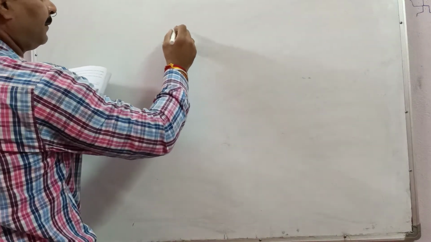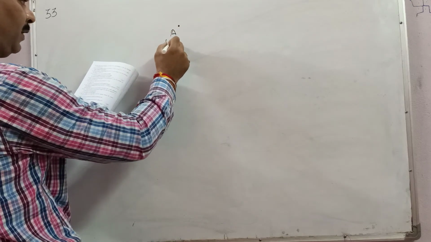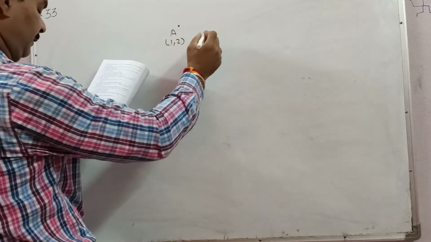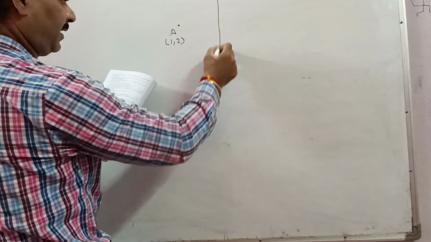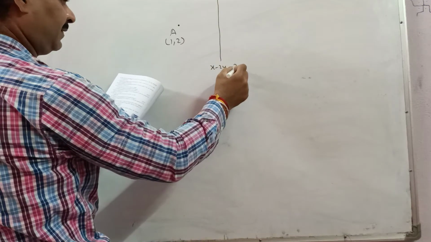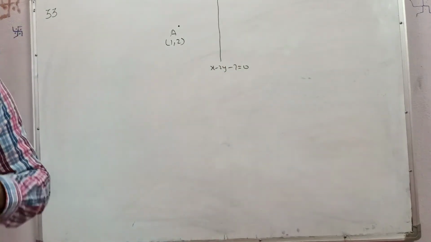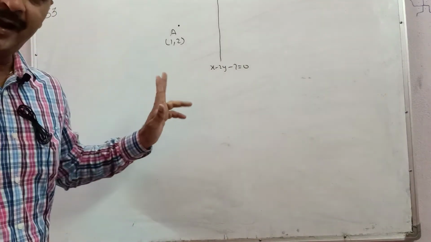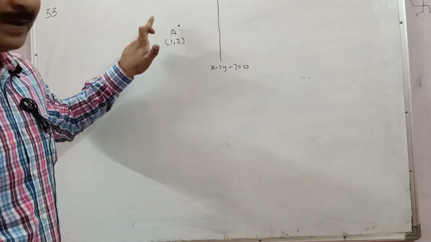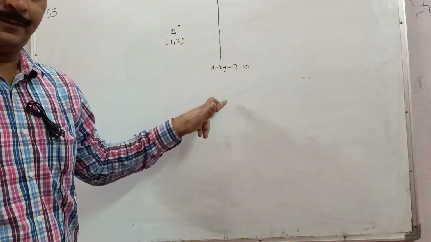Say this is the point A (1, 2), and say this is the line x minus 2y minus 7 is equal to 0. And what we need to find out? We need to find out the coordinates of the image of A when it is reflected through this line.